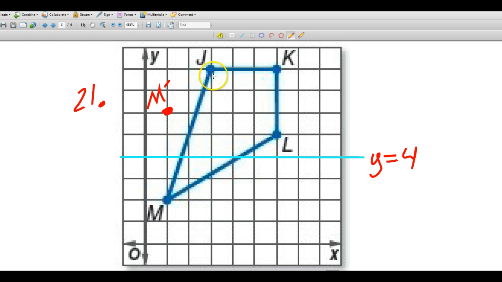J is 1, 2, 3, 4, so I want to go 4 below. L is 1 above the line, so I want to go 1 below the line. And K is 4 above, so I want to go 4 below for K prime. And then I can connect my vertices. And that would be my image.